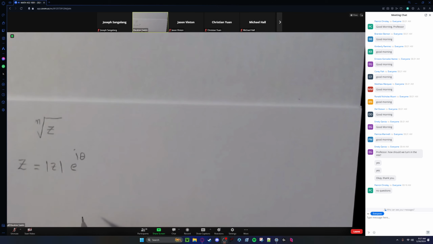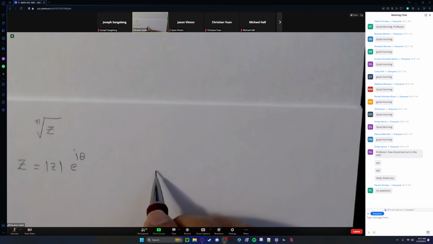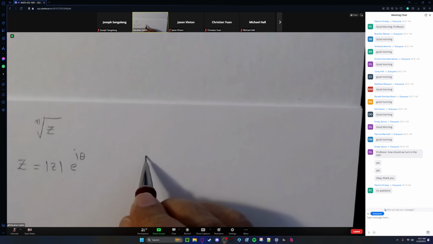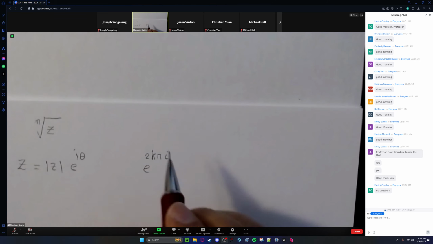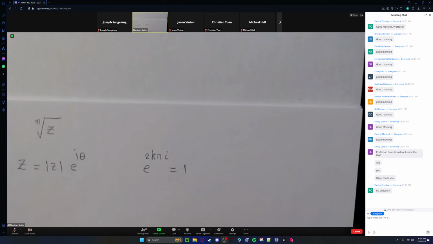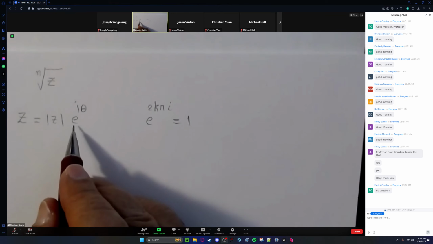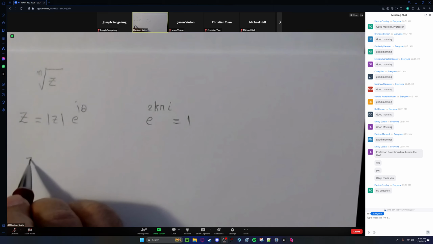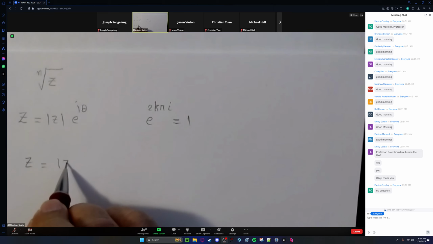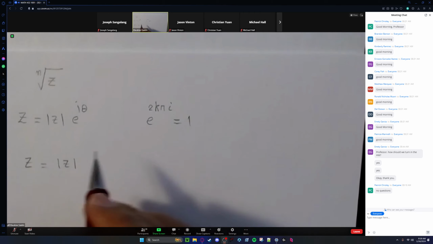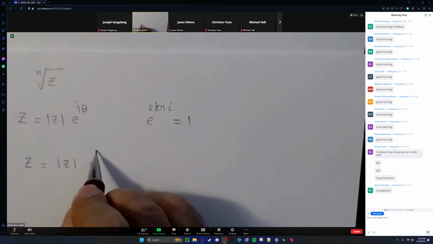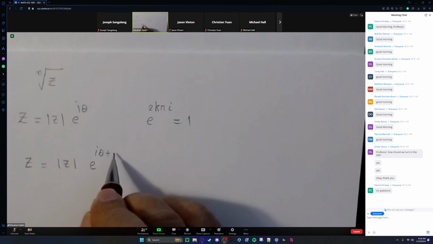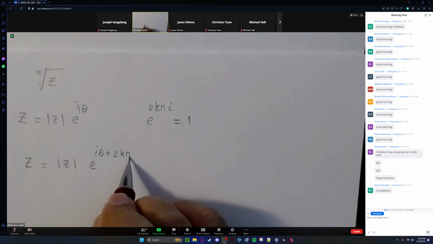But remember, since e to the any multiple of 2 pi i is 1, I am going to write this z as modulus of z, then e to the i theta plus 2k pi i.